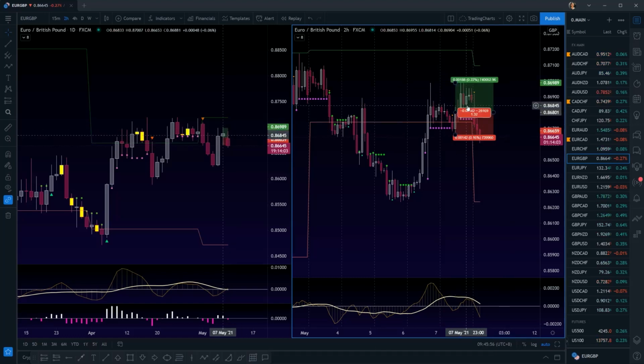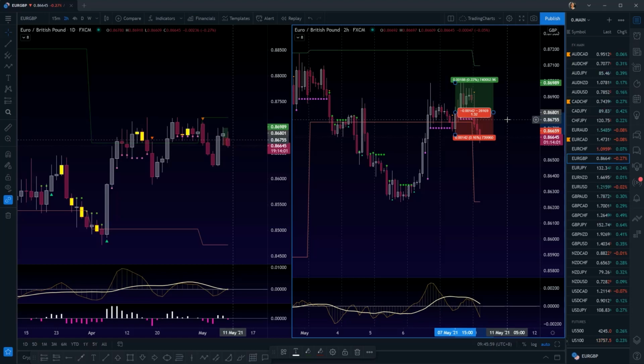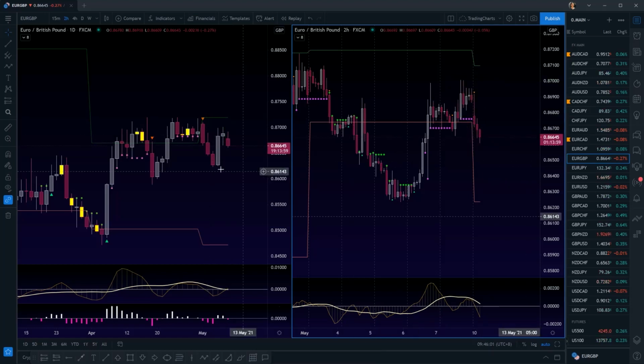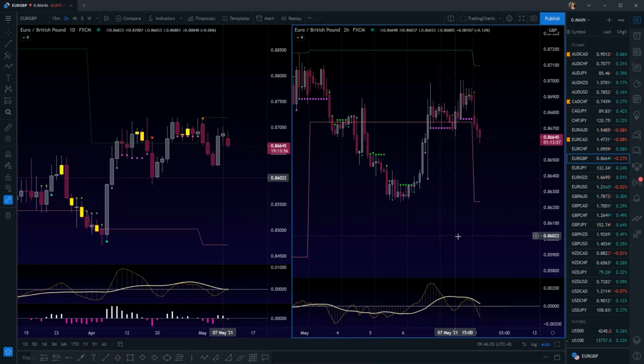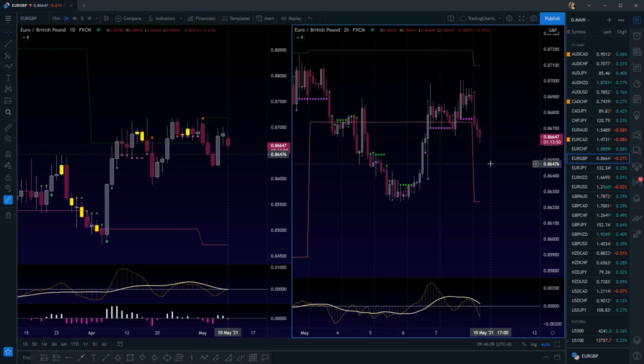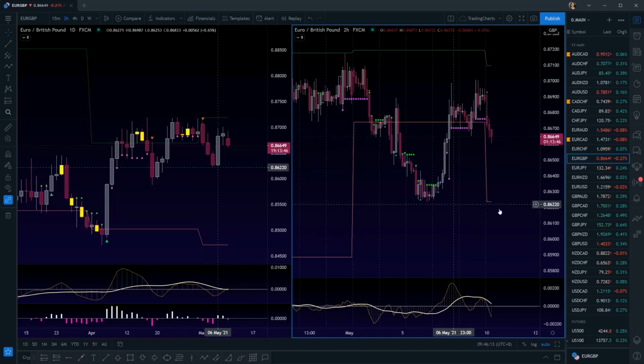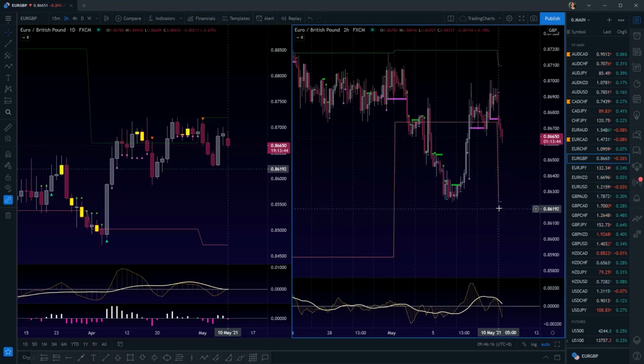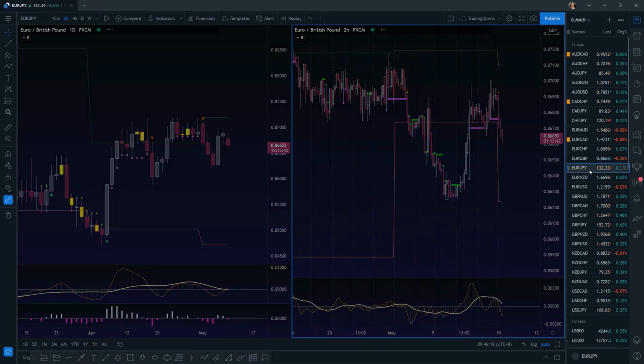So I got 1.3 R last Friday, so that's decent. Looks like it's now stuck. It's trying to make a lower low here. Man, this is tough, but I don't think I'm gonna trade this. It's just a bit messy right now, so let's head on.